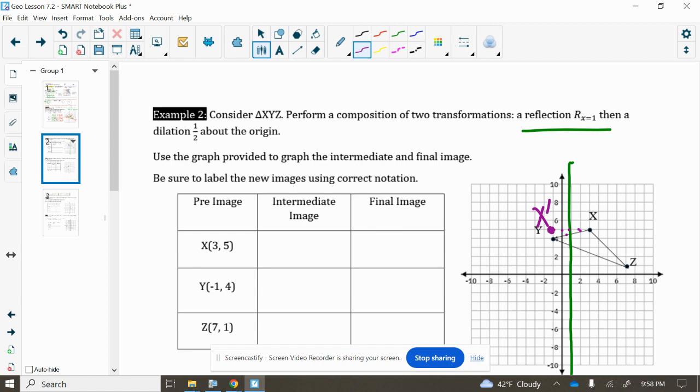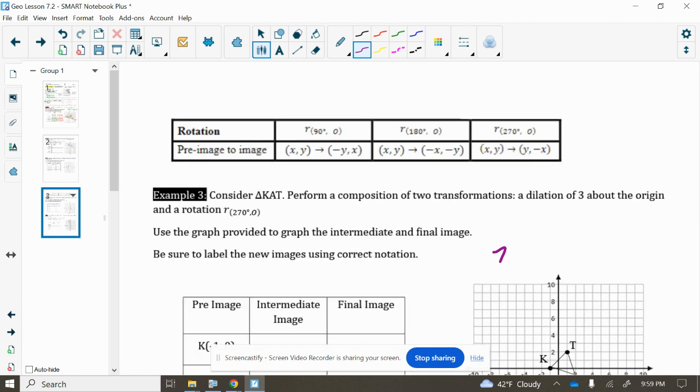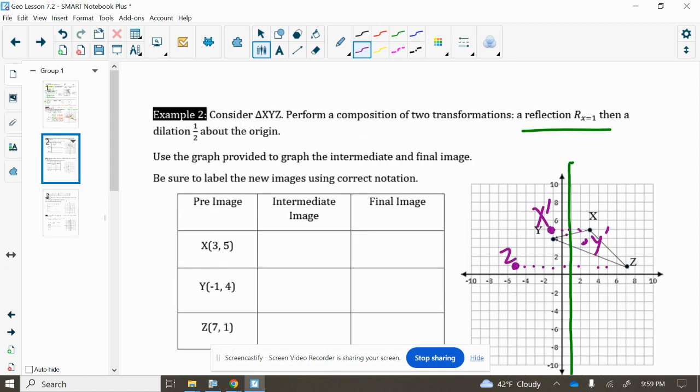So y prime is going to go over on the other side here. And then Z was 1, 2, 3, 4, 5, 6 to the left. We need to go 1, 2, 3, 4, 5, 6 to the right. Or excuse me, was to the right, it now is to the left. There is Z prime.